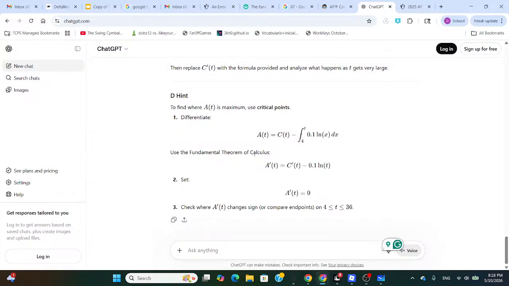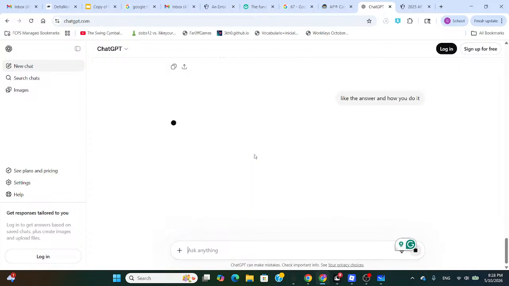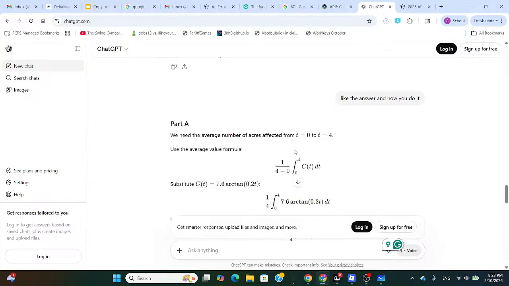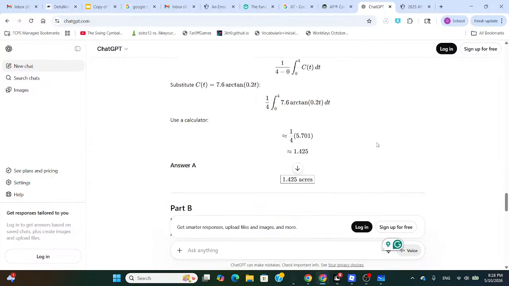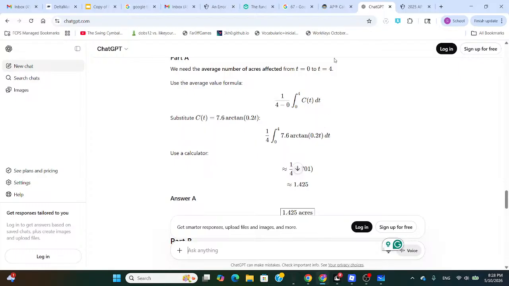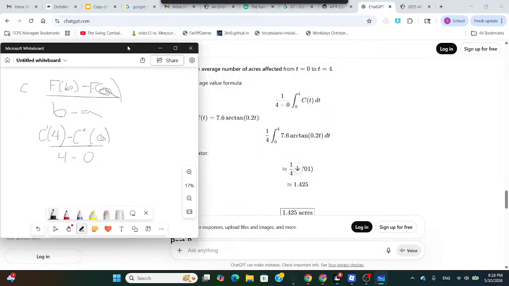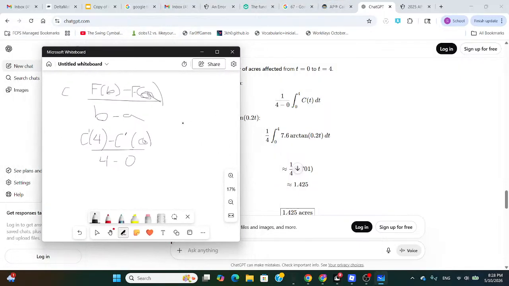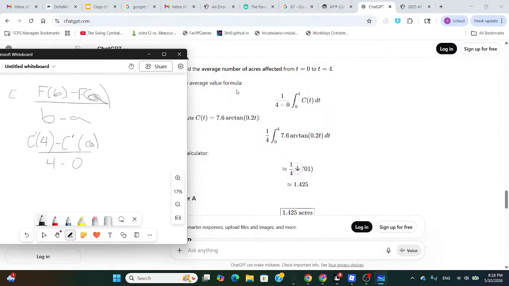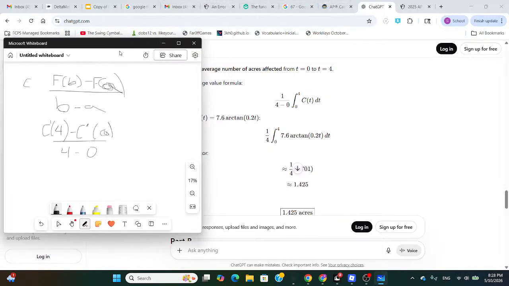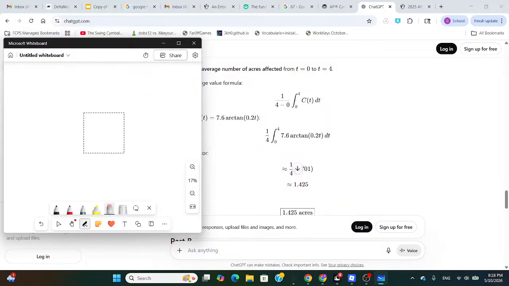So hard. It was. Oh, so this was totally not it then. Average value. Oh my god. Average value formula. Oh my goodness, I totally forgot. Dude, I totally forgot, bro.